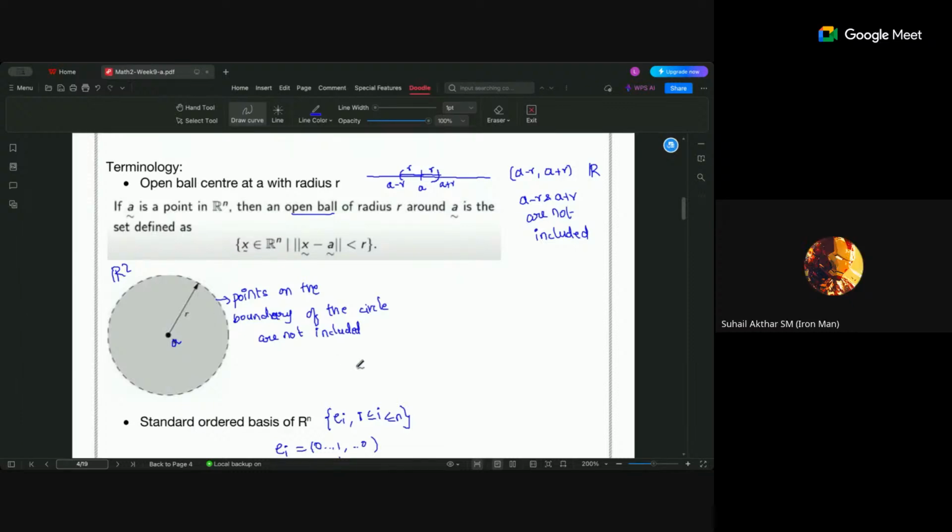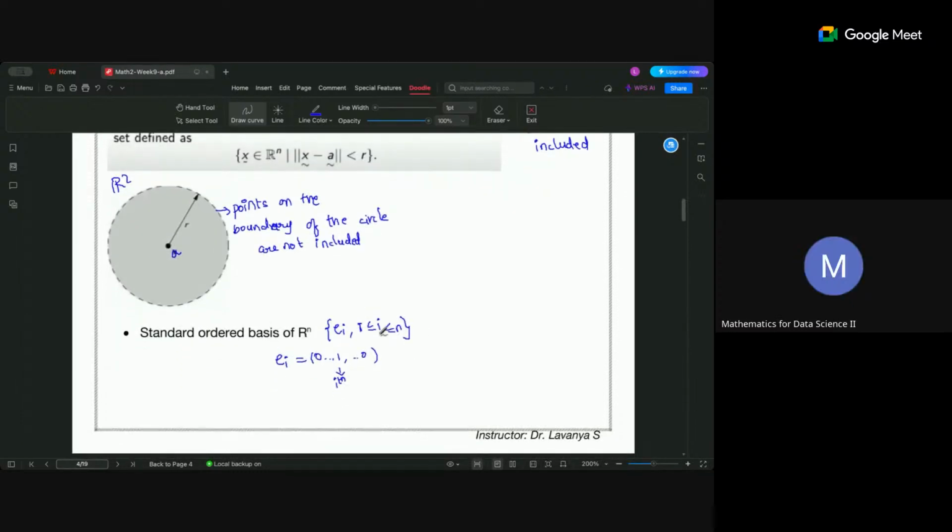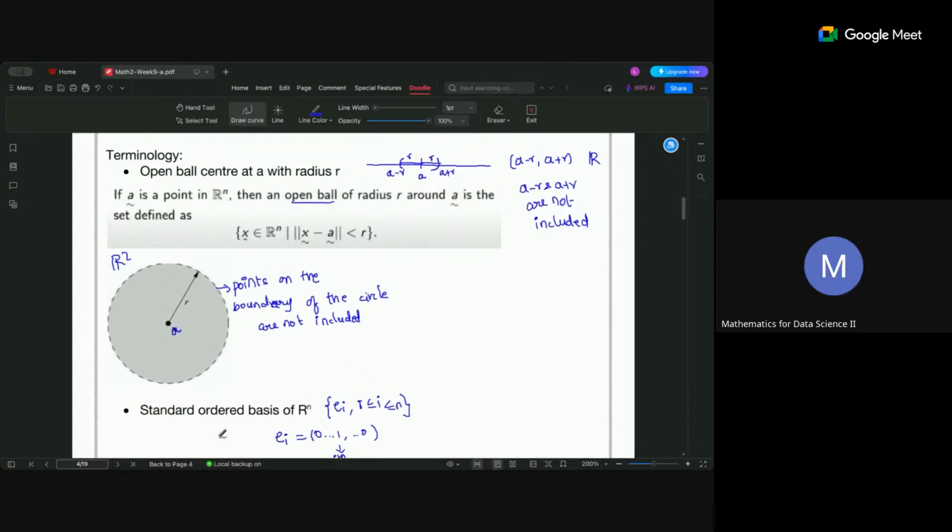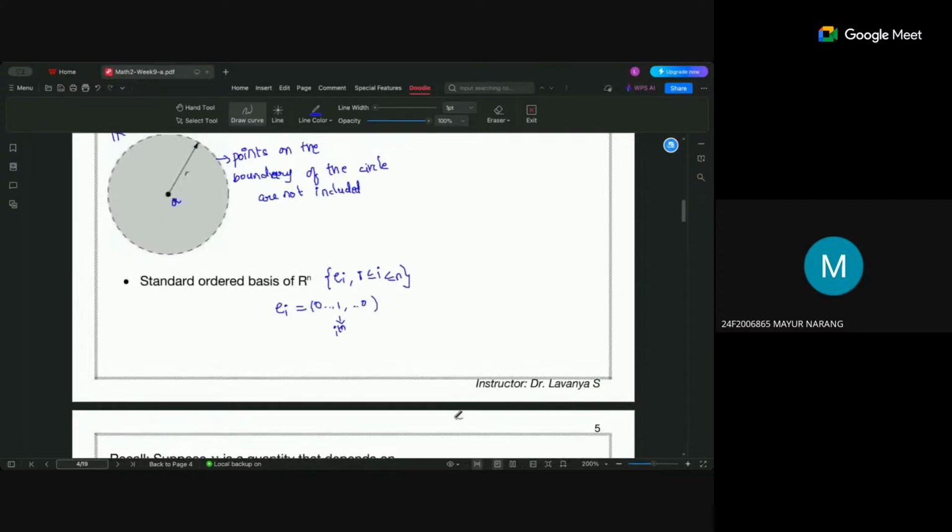So for the standard ordered basis, you know that this is the notation where e_i represents a vector where the ith coordinate is 1 and all the other entries are 0. So what is an open ball and standard basis? I hope everyone is clear with it. Ma'am, what is written here for the standard basis of Rn, what does it mean? What it means, we have covered this in the previous weeks itself. What are you asking?